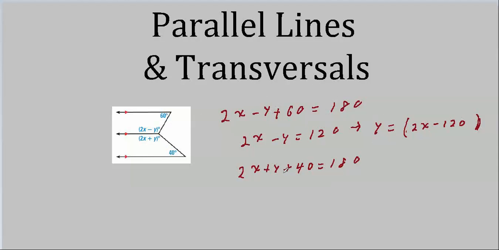Now this leads to 2x plus y equals 140. We have an expression for y right here. Why don't we just throw it in and see what happens? So we have 2x plus 2x minus 120 equals 140.